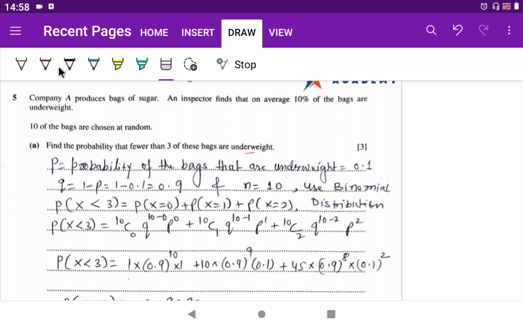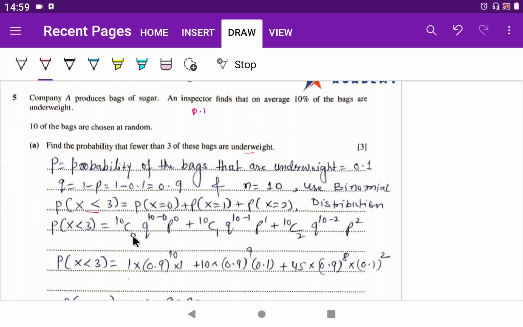So 0.1 is the probability that the bags are underweight, and q is 1 minus p, 0.9. This is the probability of bags that are not underweight, and the number n is 10. So use binomial distribution. So we will use P(X less than 3). P(X less than 3) means P(X=0) + P(X=1) + P(X=2).